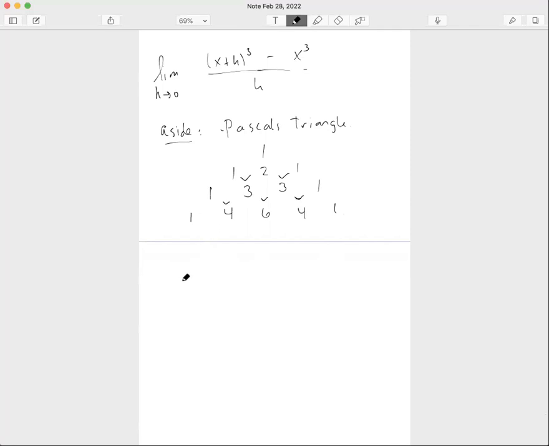So what is Pascal's triangle for? It's very useful for doing powers of binomials. The first line, well, who cares about the first line? The rest is better. So this line here gives the coefficients.